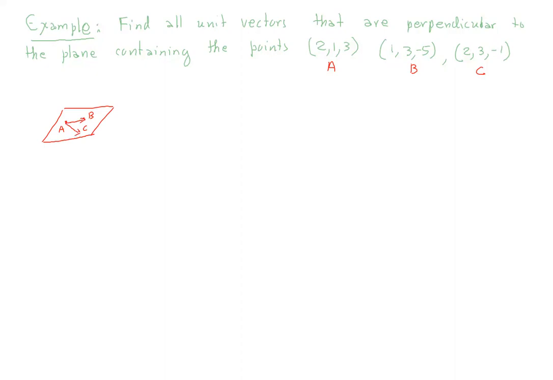So what is AB? It's going to be -1, 2, and -8. And what is AC? It's going to be 0, 2, and -4. So what is AB cross AC?